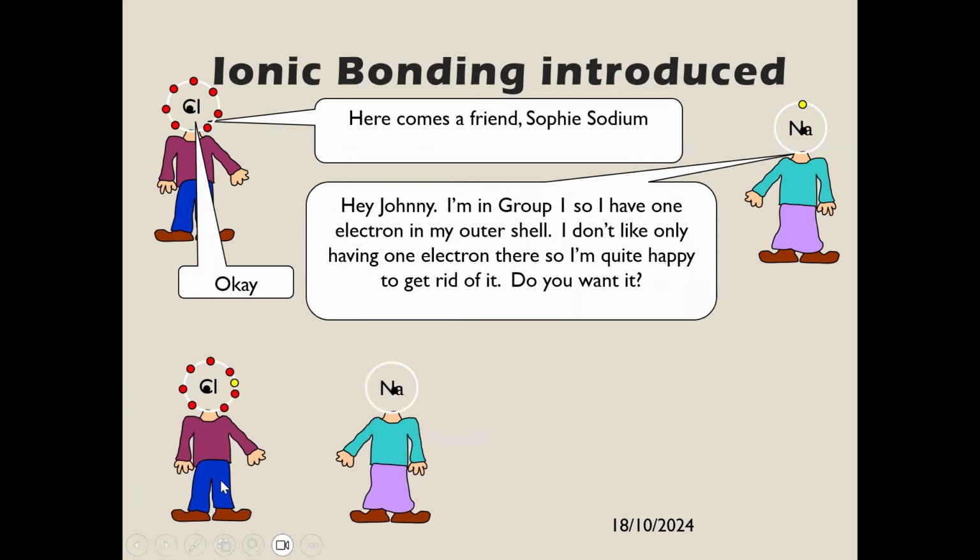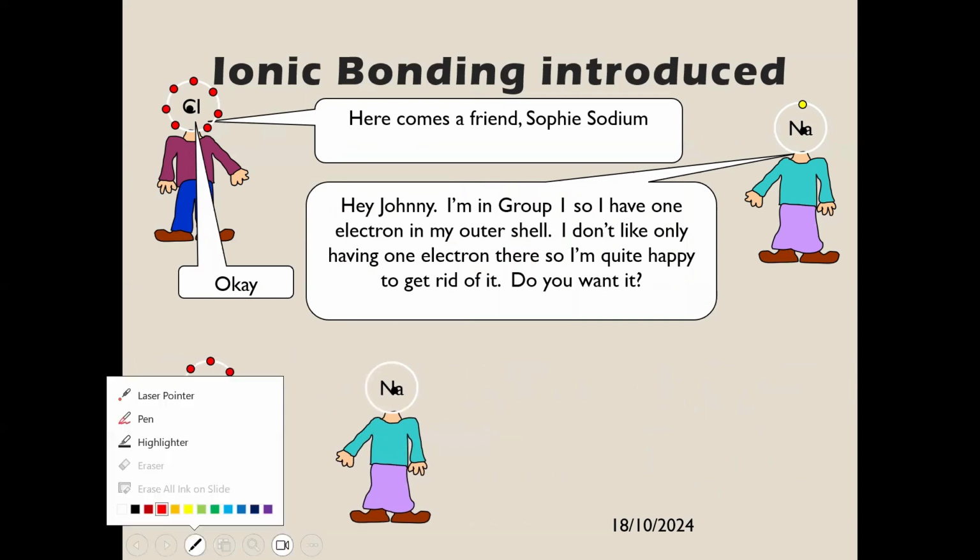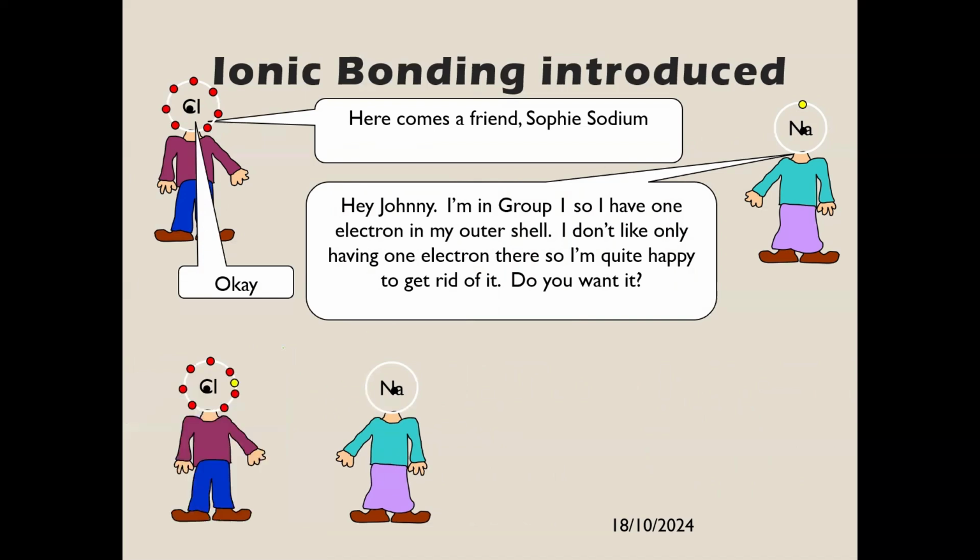Now the chlorine has the electron that it got from the sodium, and it is colored yellow, as you can see.